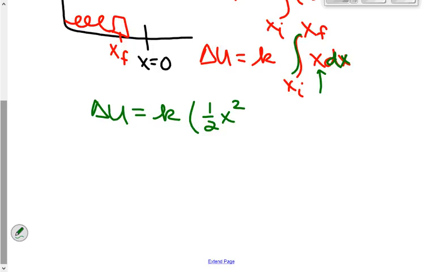I take my x to the 1, I raise the power by 1, and I divide it by the new power. And remember that what I'm really doing is taking the antiderivative, so I'm undoing the derivative. So if I took the derivative of this, I'd bring the 2 down, my 2's would cancel, and I'd have x.